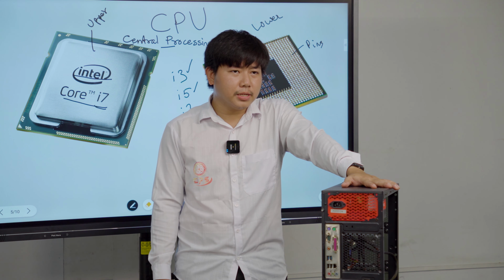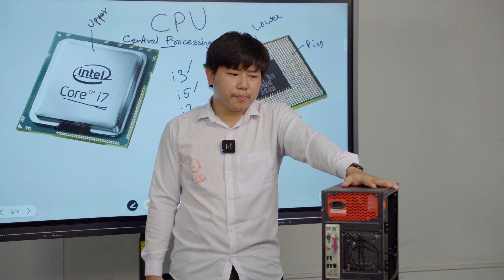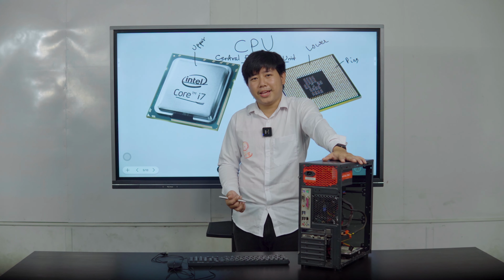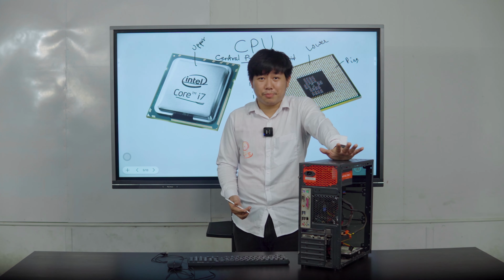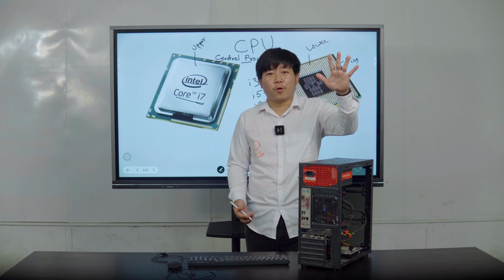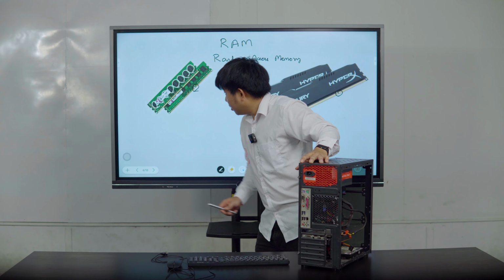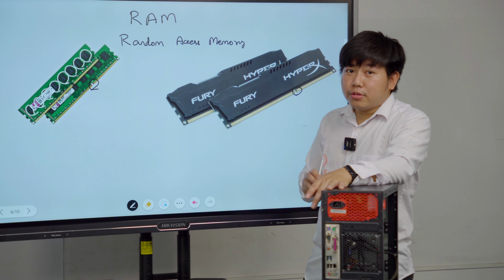So the CPU is the brain, but still, as we have learned, without the power supply unit, the CPU is not going to operate, because the CPU requires electricity to operate. And what about the RAM? The CPU has limits.